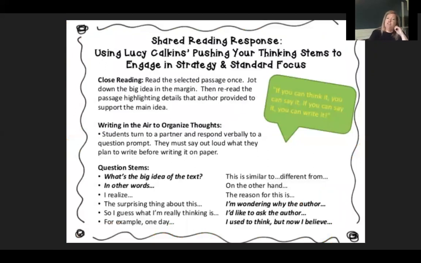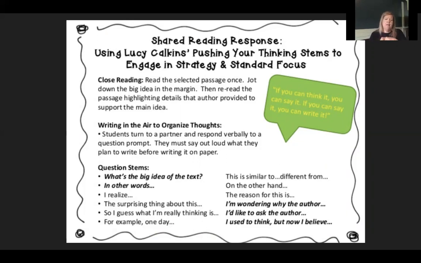So there could be a shared reading response. Lucy Calkins is an author who uses a lot of reading strategies and writing strategies. And she uses thinking stems to engage students into starting to think and process and communicate what they're thinking. So at the beginning of the year, you start teaching the kids through your example, saying, while I was reading this book, I realized that the author was using the same word over and over again. And then I had to stop and think, why is the author doing that?